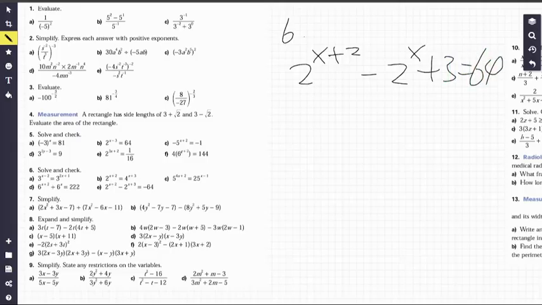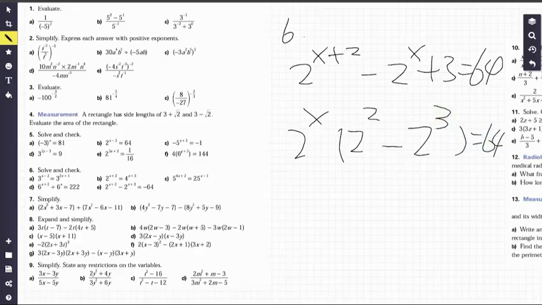Okay, so what can we do here? Factor, obviously. Factor out first. So we can factor out a 2 to the x. Now this only becomes 2 squared minus 2 cubed. Now what is this? 4 minus 8, -4, equals 64.